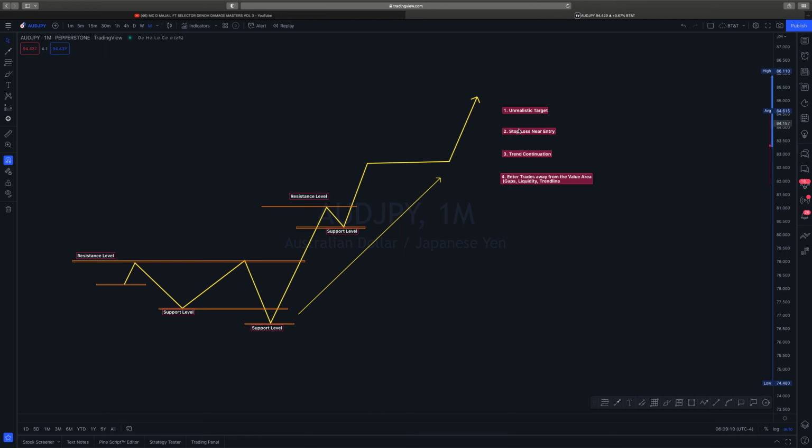So number one, one of the mistakes that price action traders make is having unrealistic targets.